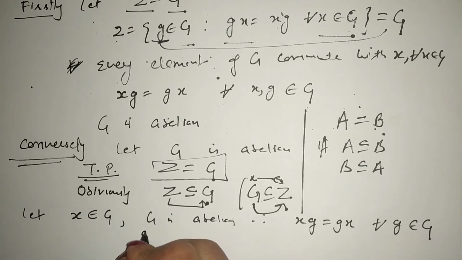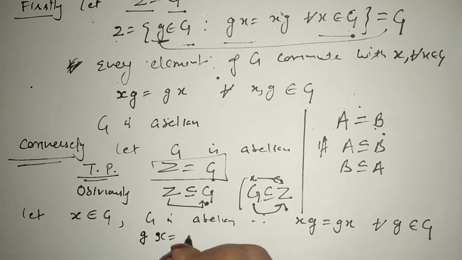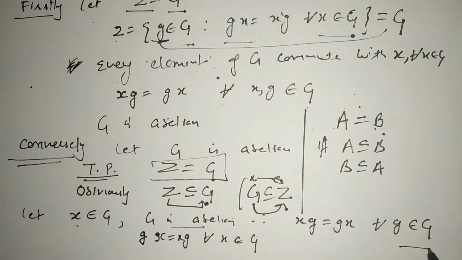Because it is abelian, it will commute with each element. Now this element g is commuting with gx for all x belongs to G, because this commutative property holds for every element. So this element commutes with all the elements, because we have randomly chosen those elements, the abelian property holds for each element.